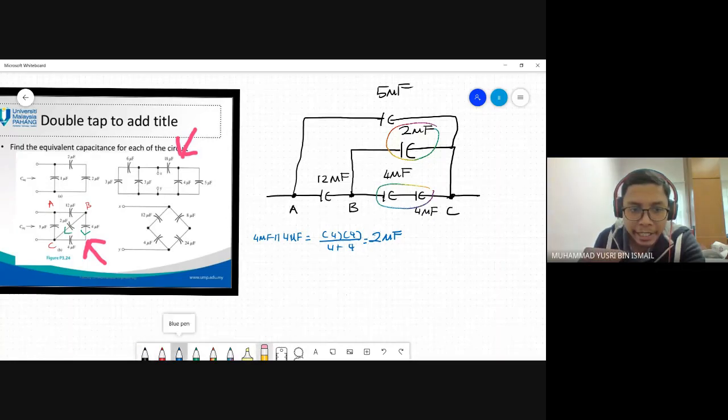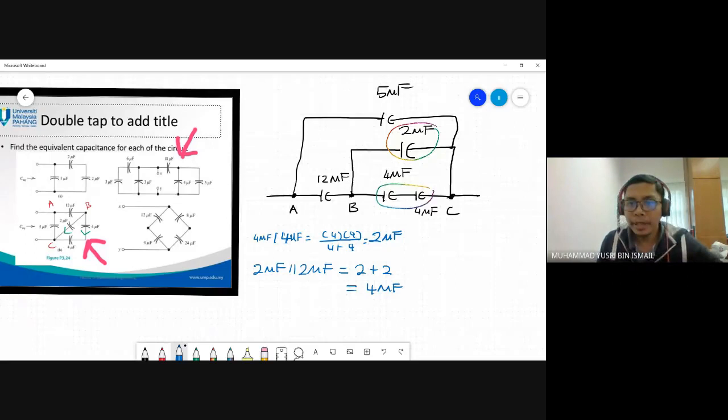So dia akan jadi 2 microfarad parallel with 2 microfarad. So 2 plus 2 equal to 4 microfarad. Okay. So now 4 microfarad is series with 12 microfarad.